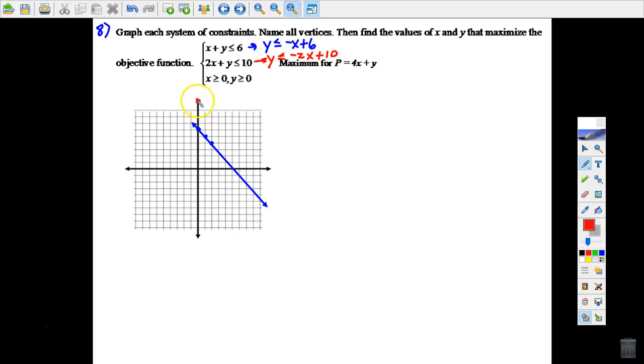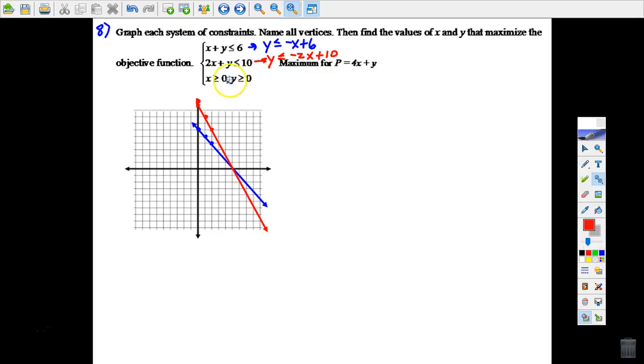And a slope of negative 2, down 2 and right 1. And I'm not lining these up very well, am I? Alright, that looks pretty good.